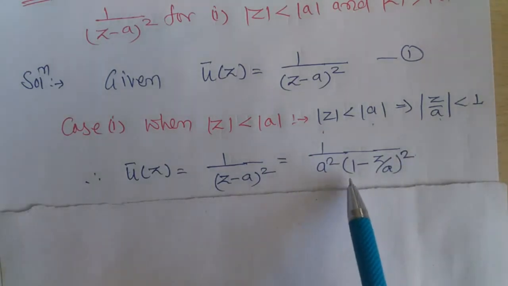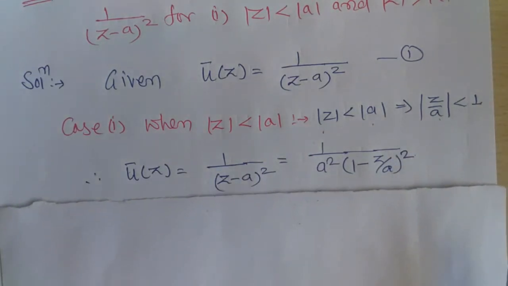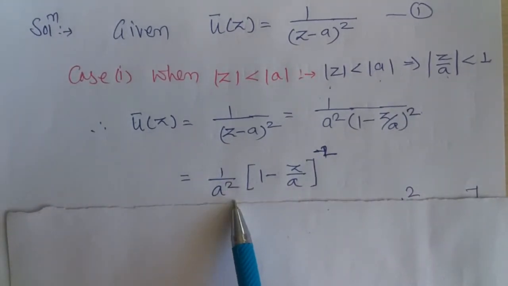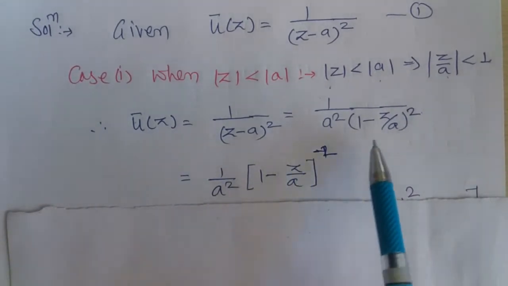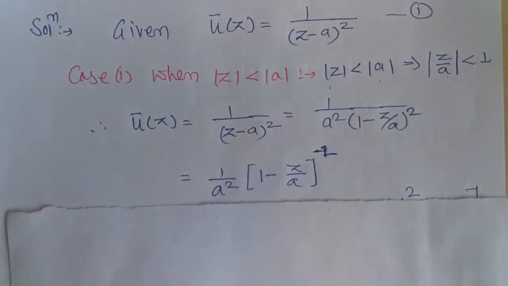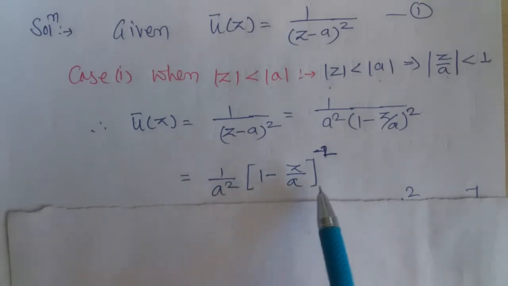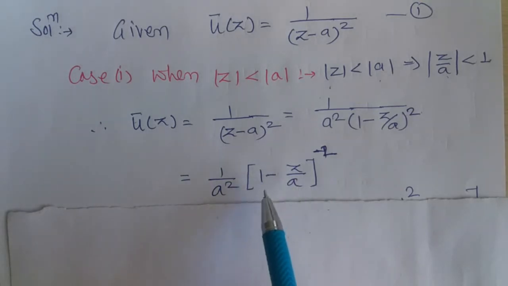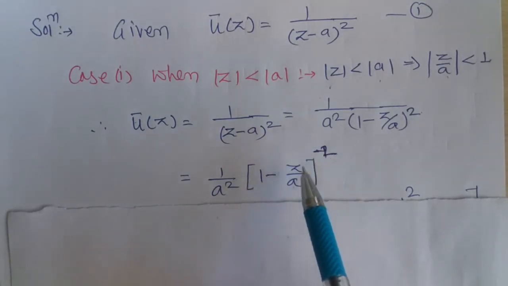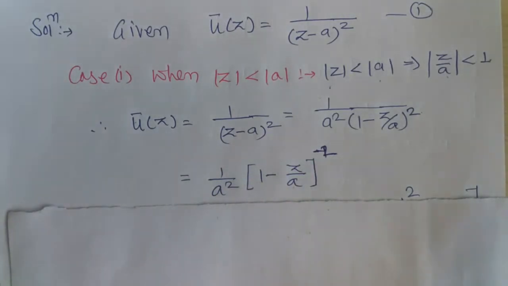Now we write this bracket in the numerator, then we have 1 upon a square multiplied by (1 minus z by a) whole power minus 2. Now expand this expression using binomial theorem, expansion of (1 minus x) whole power n: 1 plus nx plus n into (n minus 1) upon 2 factorial x square and so on.